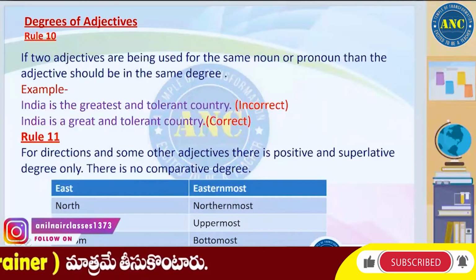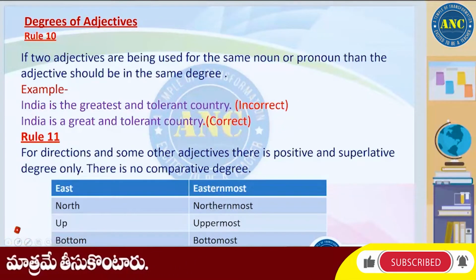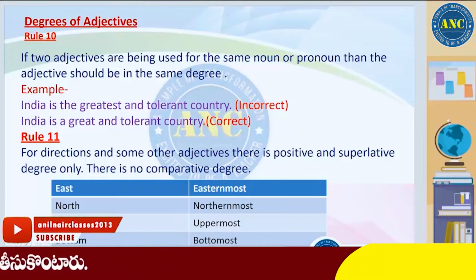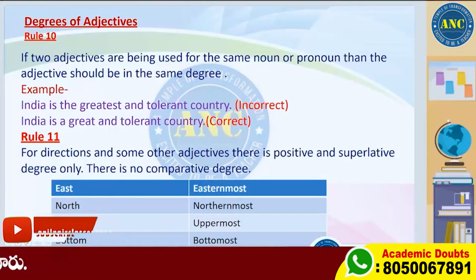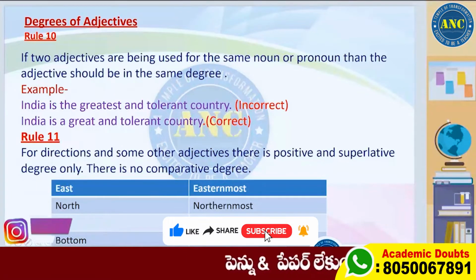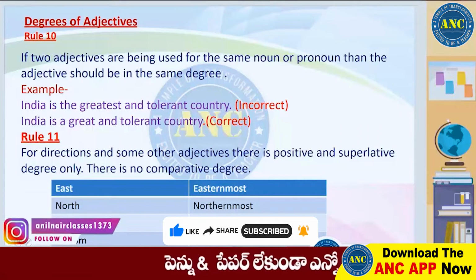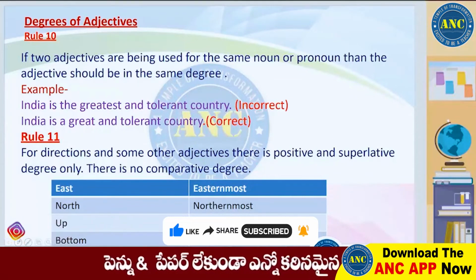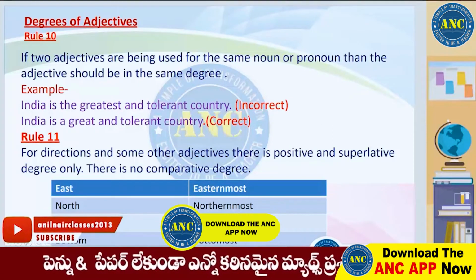Now, if two adjectives are used for the same noun or a pronoun, then the adjectives should be in the same degree. You cannot have one adjective in the superlative degree and the other in the positive degree. You have to use both of them in the positive, or both in the superlative or comparative degree.